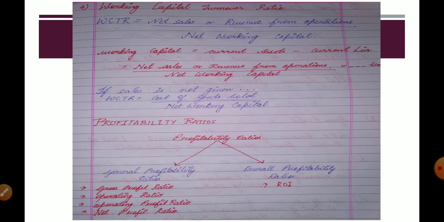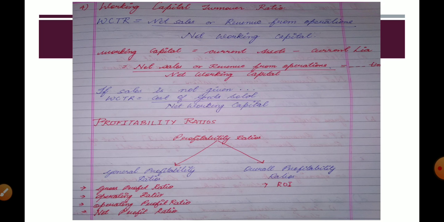The ratio is of particular importance in the non-manufacturing concern where the current asset plays a major role in generating the revenue from operation. So it is calculated as net sales or revenue from operation, whatever is given in the question, divided by net working capital. Okay, so it is quite easy.